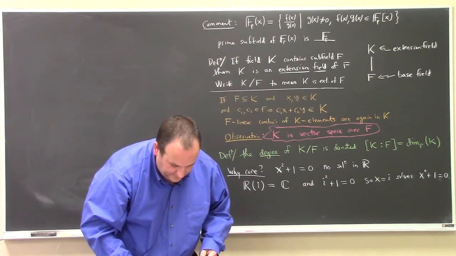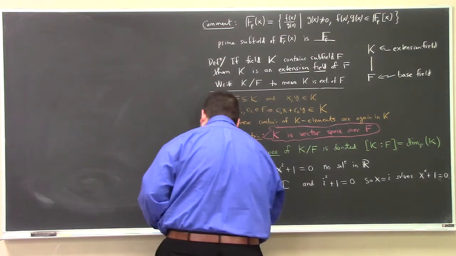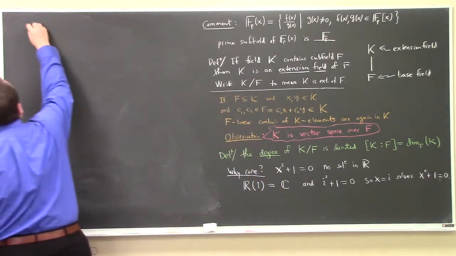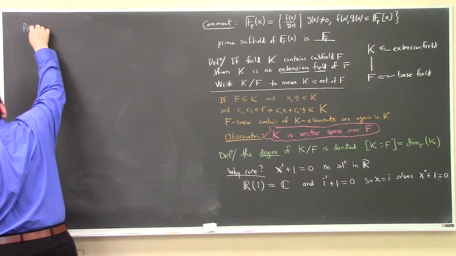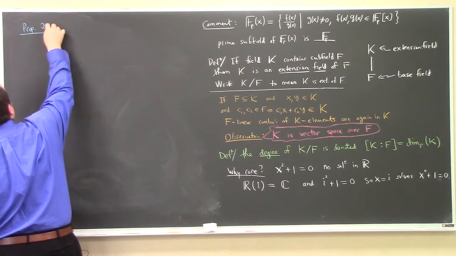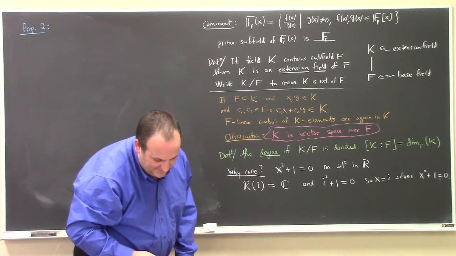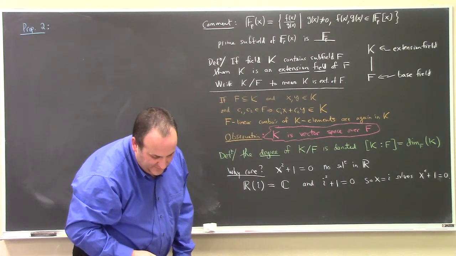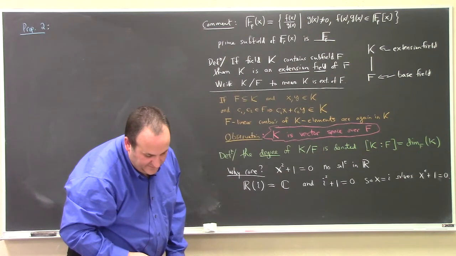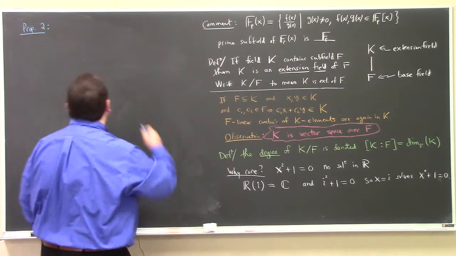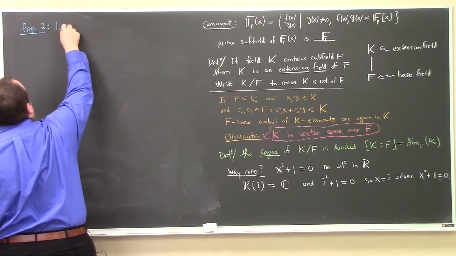So let's look at proposition 2. I wonder what proposition 1 was. I forgot to call it proposition 1. I think it was something about characteristics. Proposition 2: let phi from F to F prime be a homomorphism of fields. What does that mean?